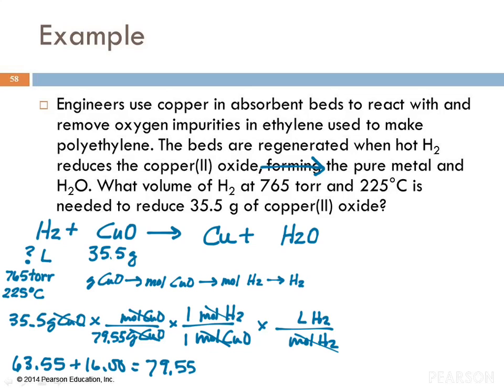We need to use PV = nRT. PV = nRT doesn't really fit into our dimensional analysis thing very well. I saw this coming and I went there on purpose. I seriously did. So we can't really throw that in there. So at this point we're going to stop at moles of H2 and figure out how many moles of H2, and then we're going to use PV = nRT to figure out the rest.